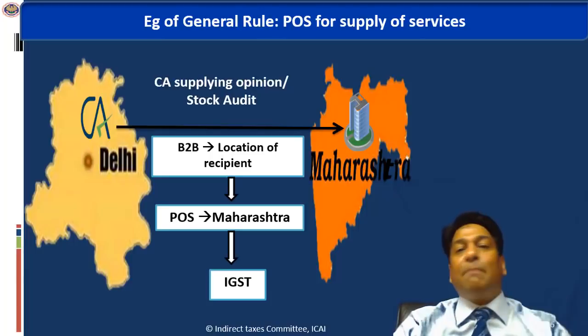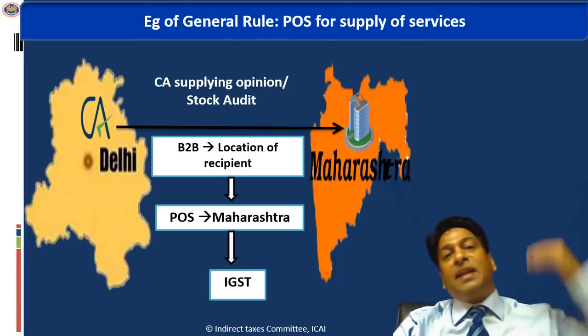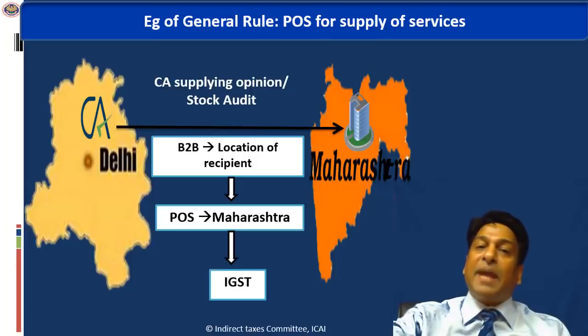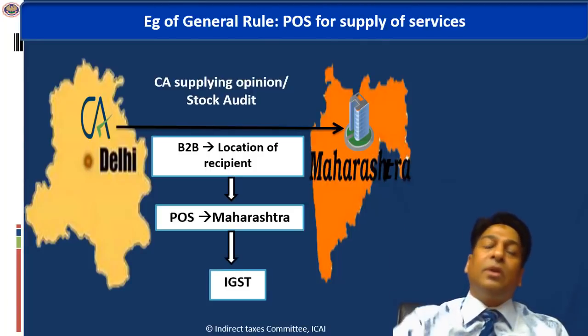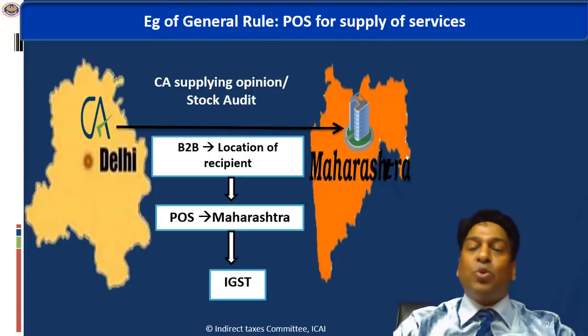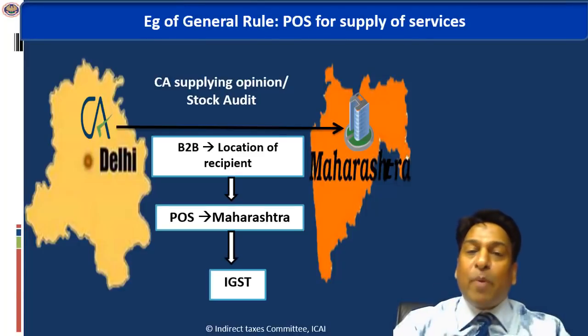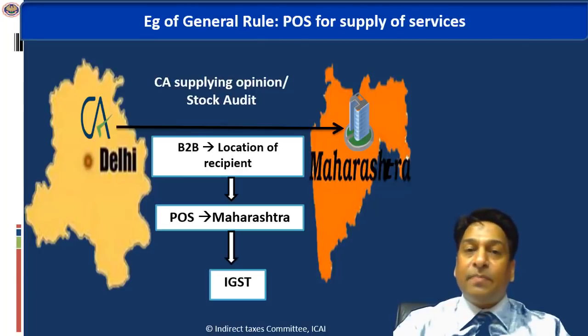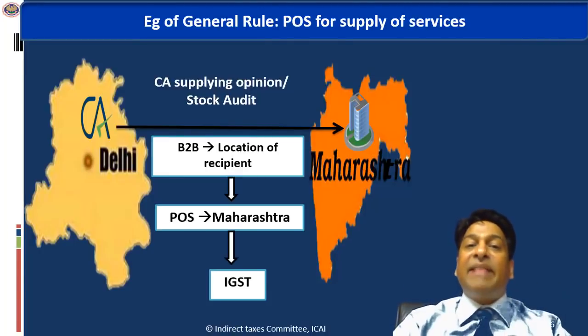I'm again compiling the report, raising the invoice as intrastate. Question comes: the branches who have undertaken the work on my behalf, are they providing supply of service to my Delhi head office? Answer is yes, and that would be called supply of service.